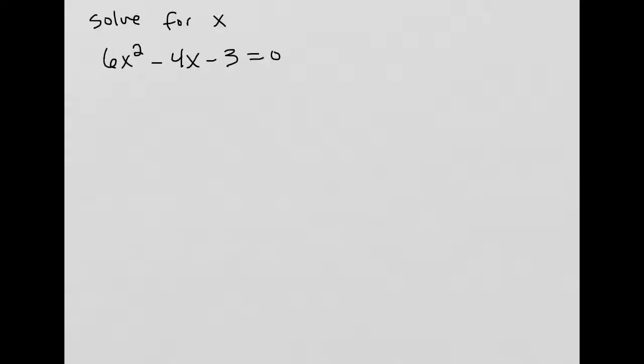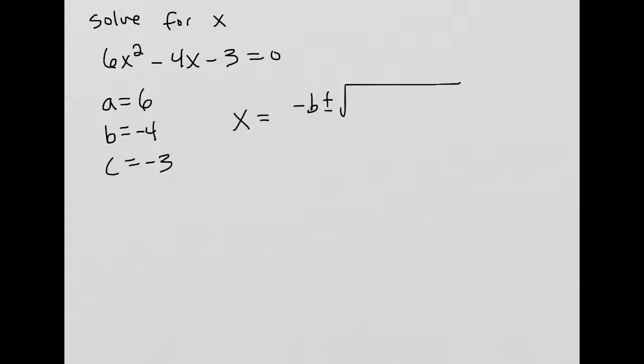Okay, so if we look at this one, if we identify our A, B, and C, again, our A value is the guy in front of our x squared, so that's 6. Our B value is the guy in front of the x term, -4, and the C value is the guy that's sitting all by itself, so -3. And then we're going to apply the formula. So the formula is x equals opposite of B plus or minus the square root of B squared minus 4AC all over 2A.